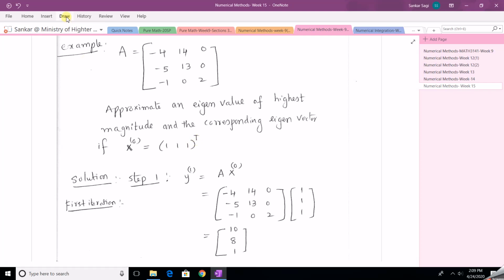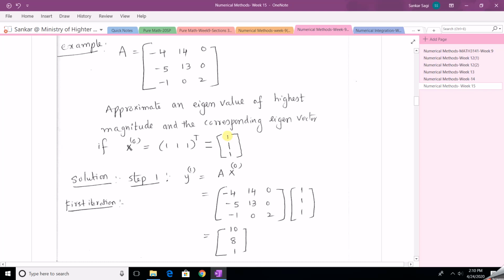So to say it is a column vector, they have given it as (1, 1, 1) transpose. So we can write this one this way. This is the same as the column vector 1, 1 and 1.